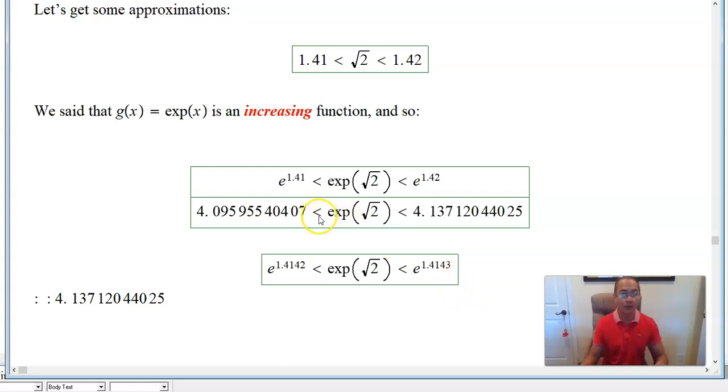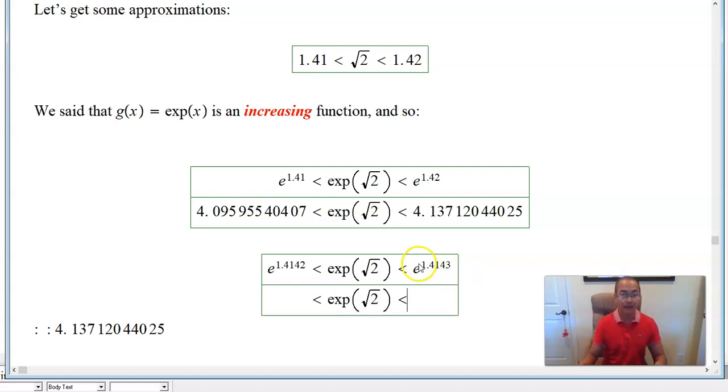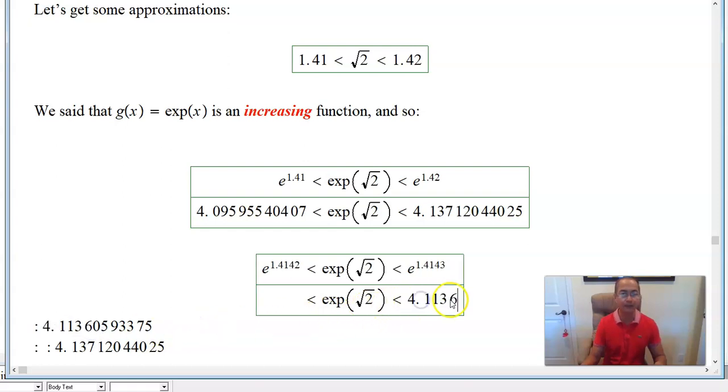So let's play the same game. Let us plug in the bigger number and get its approximation. Oh great Maple, you are approximately 4.1136. So let's just keep 4 decimal places.